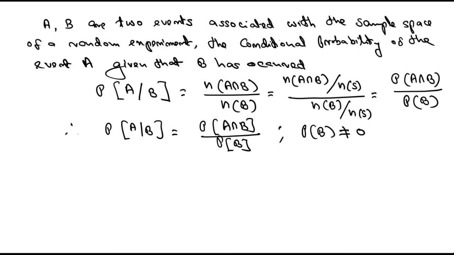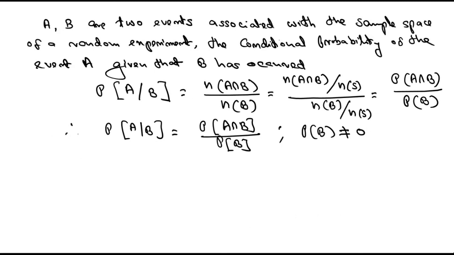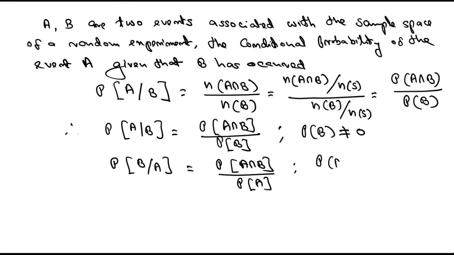Now in the previous example, probability of B given A means n of A intersection B divided by n of A. So we can write probability of B given A as probability of A intersection B divided by probability of A, where probability of A is not equal to 0.